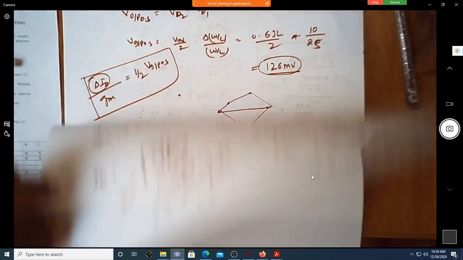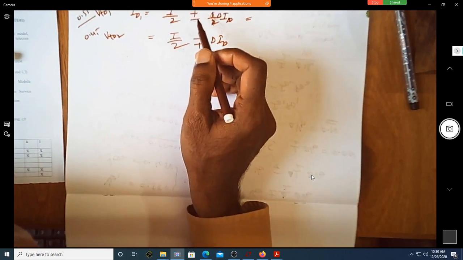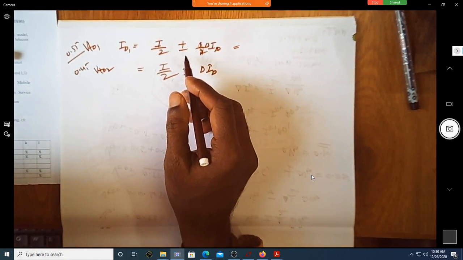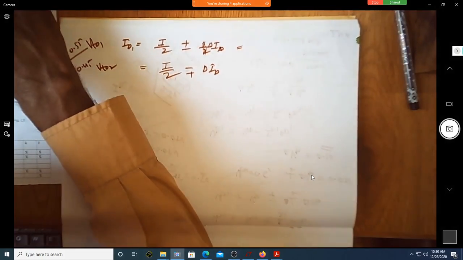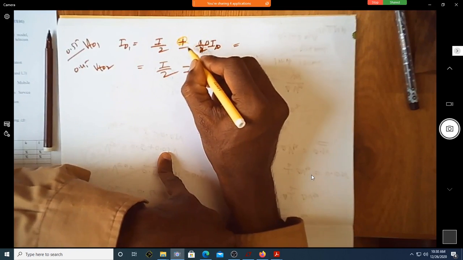How much is this plus or minus ID1? Is this corresponding to VTO1? This is VTO2. What is the value of VTO1? It is 0.55. This is 0.45. So shall I take minus or plus for this? If the VTO is more, does the current increase or decrease? It decreases.